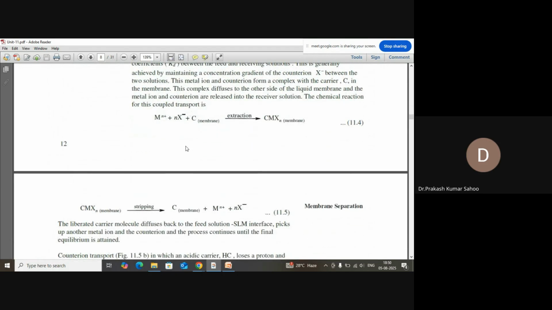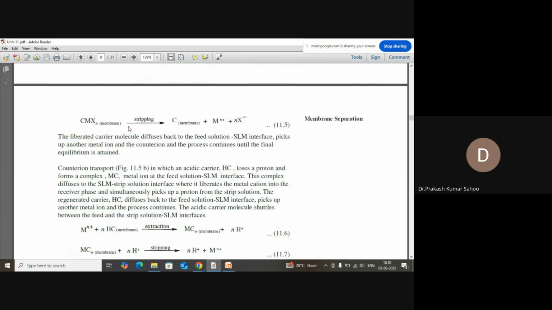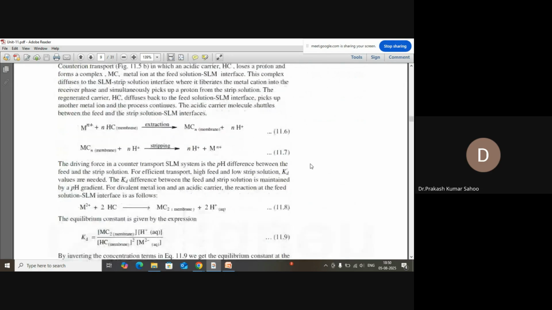Here the ion gets attached to the carrier CnXn with this membrane. These are combined with the membrane, and after that we have the splitting process where the complex gets separated and we get the ions. In the same manner we have an organic membrane, with Mn+ present, and accordingly the ion gets separated by this process, that is the H+ ion is also separated from the membrane.